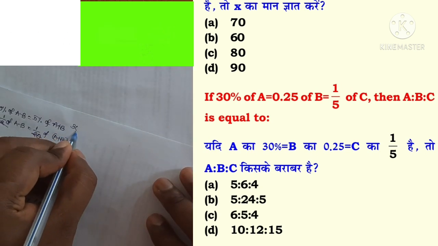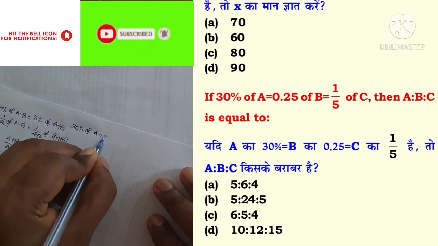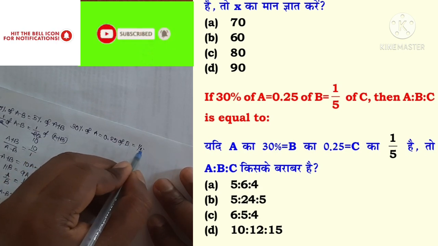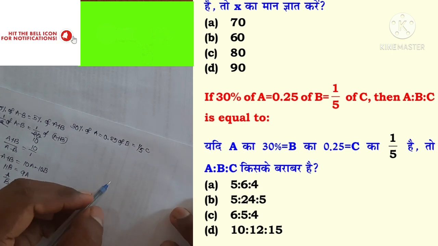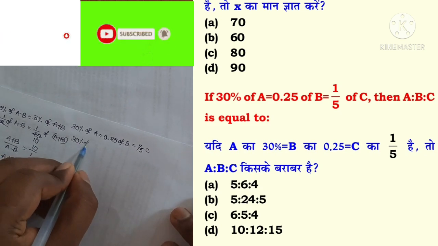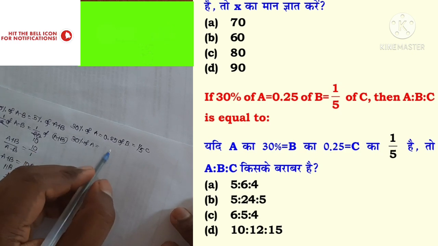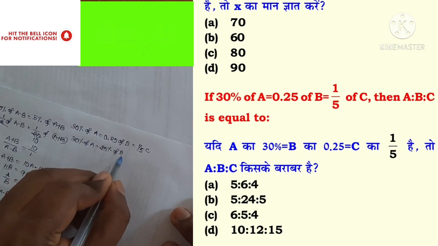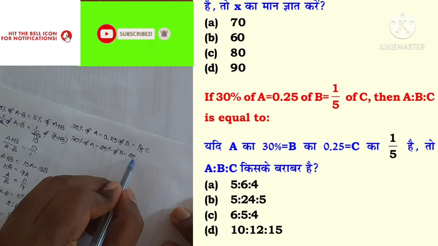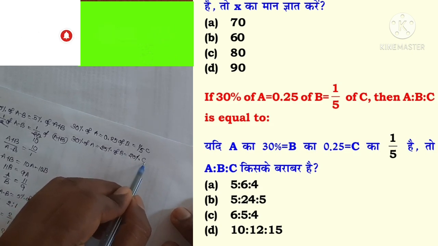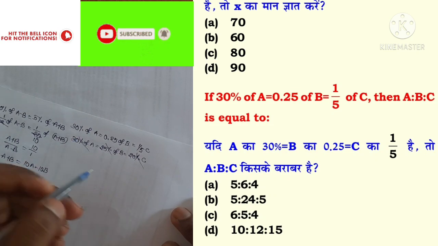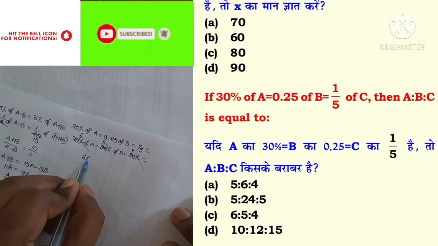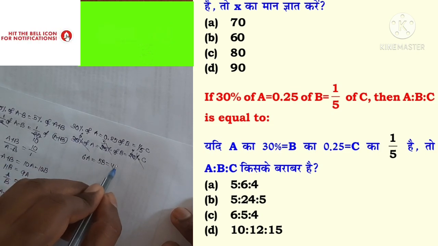So 30 percentage of A is equal to 0.25, which means 25 percentage of B, is equal to 1 by 5, which means 20 percentage of C. So percentage cancelled. So 6A is equal to 5B is equal to 4C.